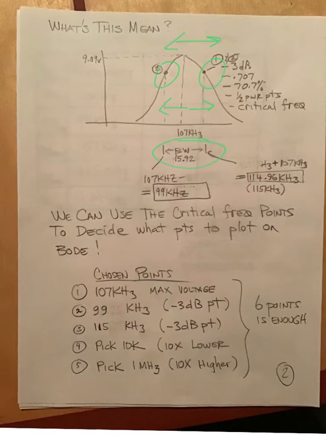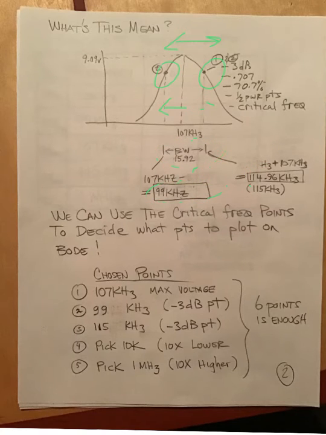So if you take 107 kilohertz and you subtract about 8,000, you end up at 99K. If you add 8K versus subtracting 8K, you end up with 114.96, or if we want to estimate, 115 kilohertz for the sample problem.